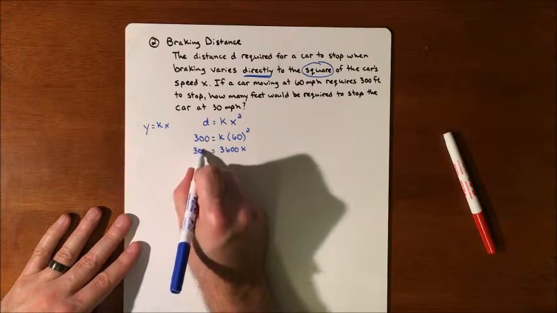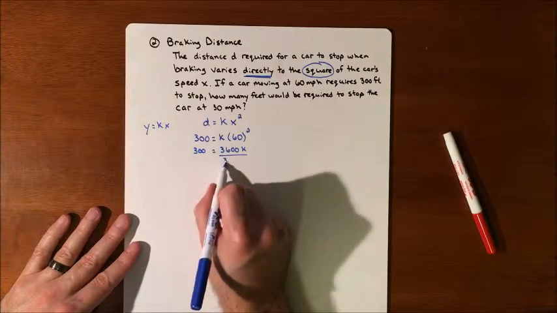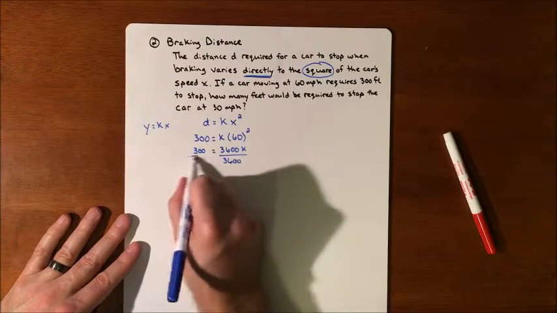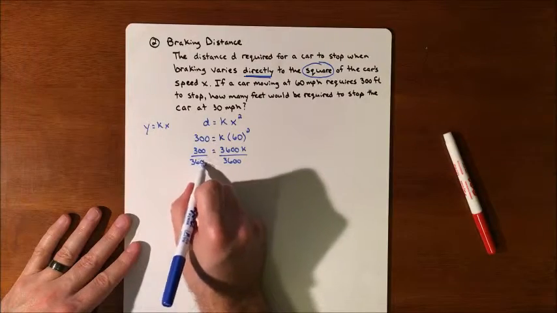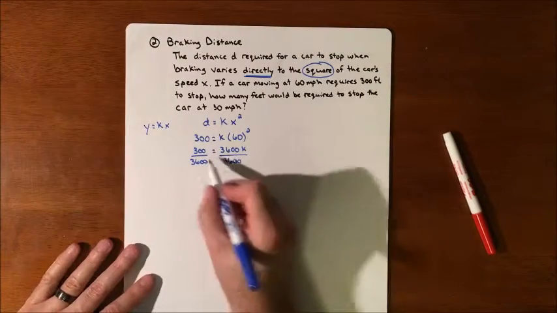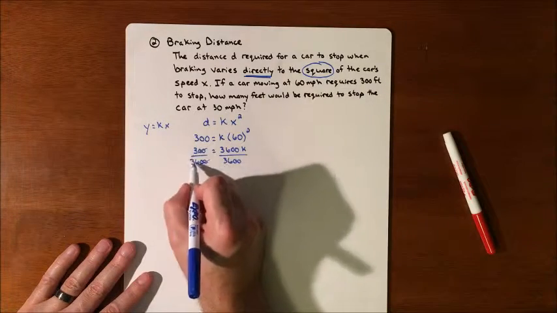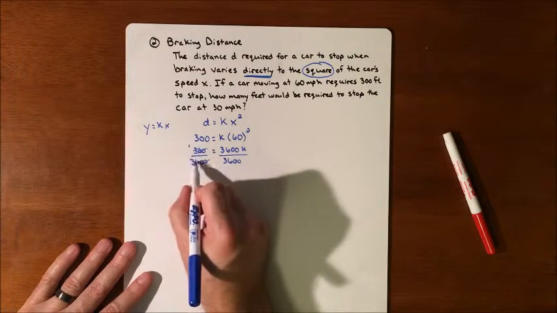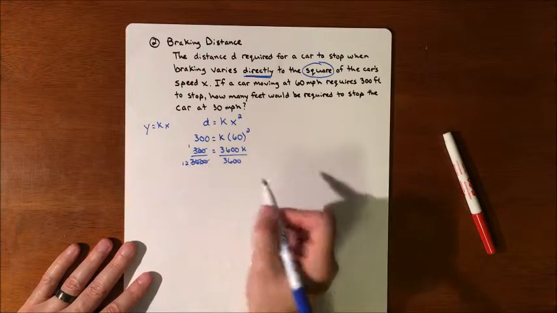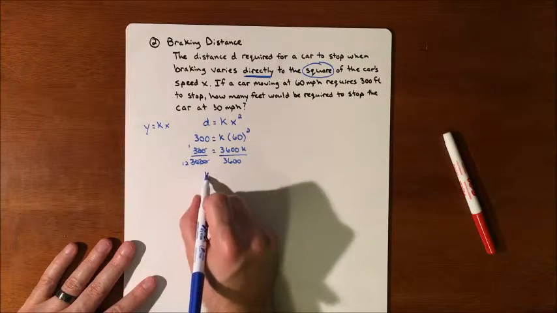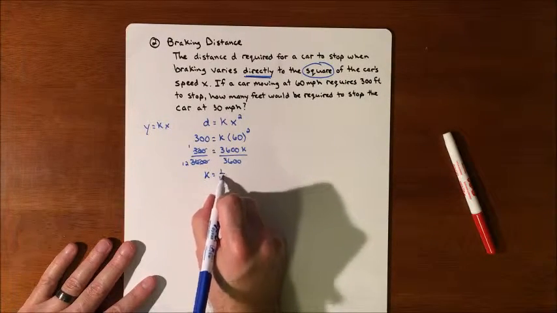K equals 300. We'll divide by 3,600. And I'm going to reduce this fraction. Those two zeros will cancel those two zeros. The 3 goes into 36. 1 time for the 3, 12 times for the 36. So our k value is 1/12.